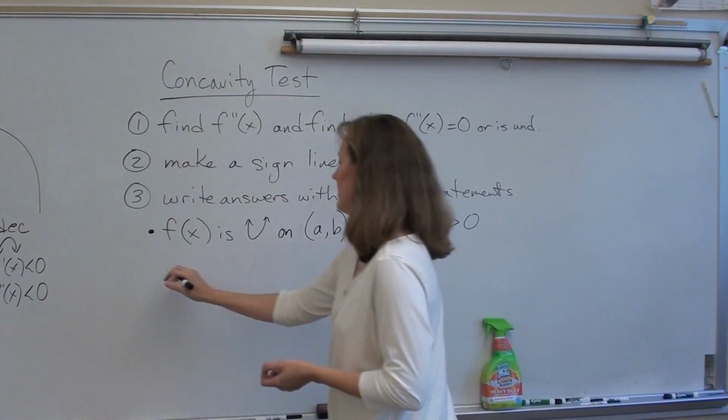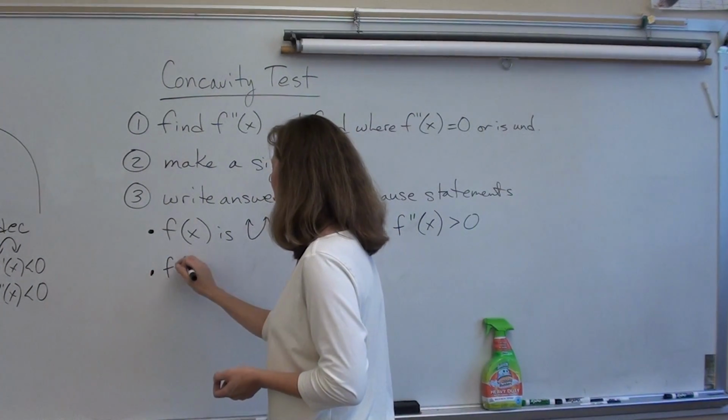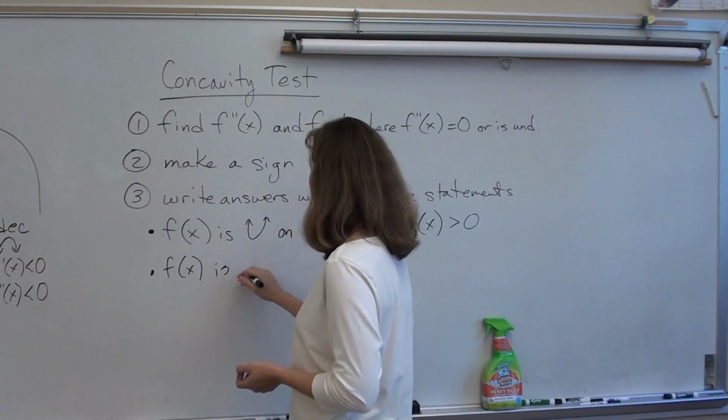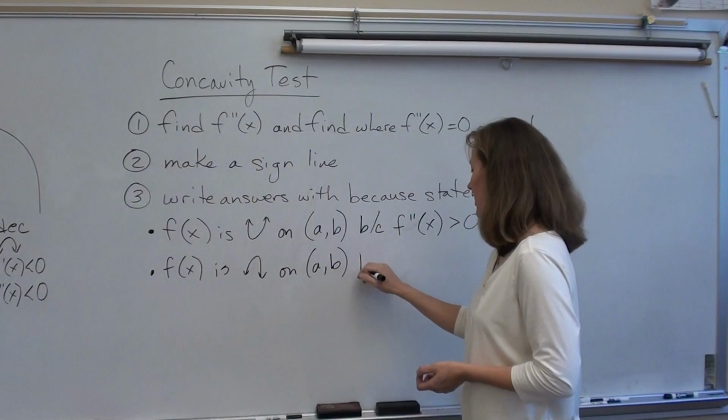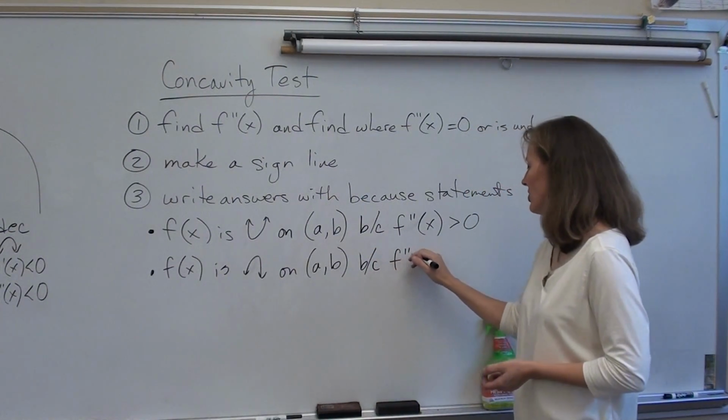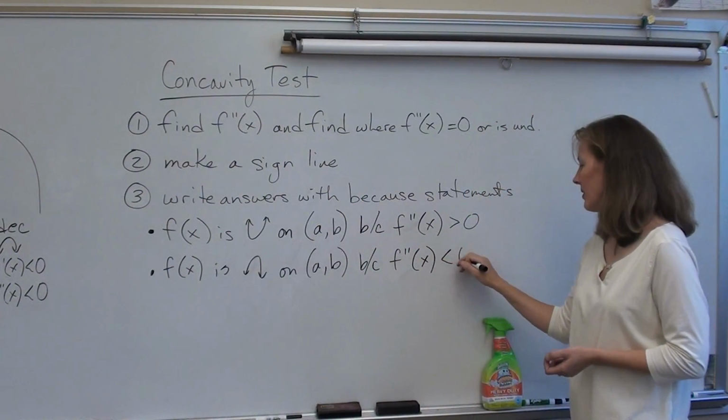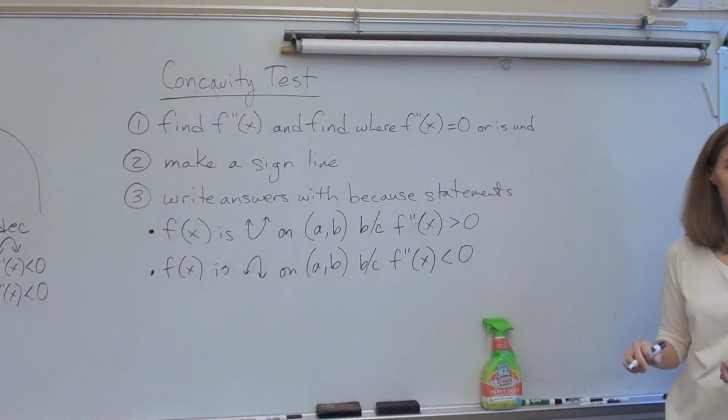Next, F is concave down on some interval because F double prime is less than 0.